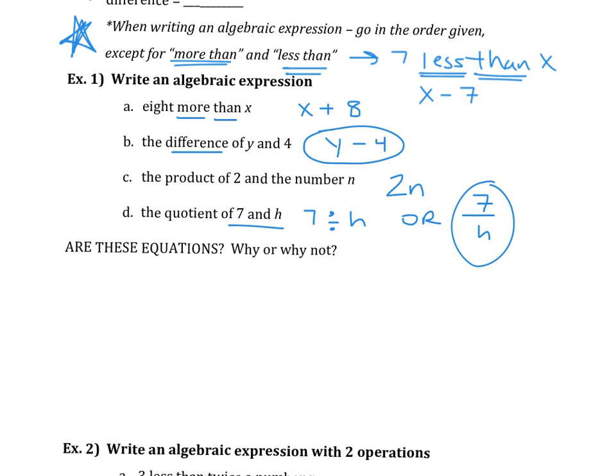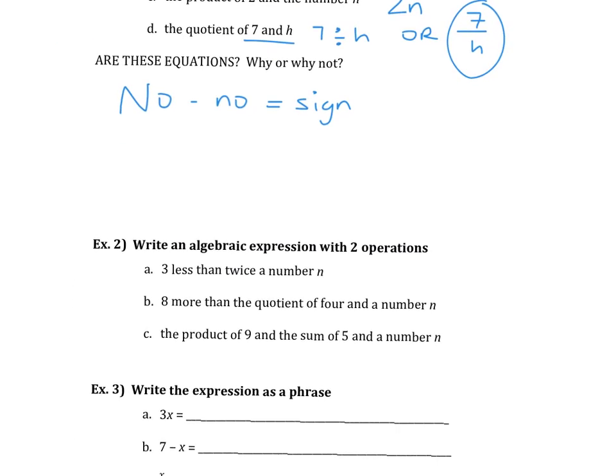Equal, right? So these are not equations because there's no equal sign. Okay, so in order for something to be an equation, it has to have that equal sign, right? So these are all algebraic expressions, not equations, okay?